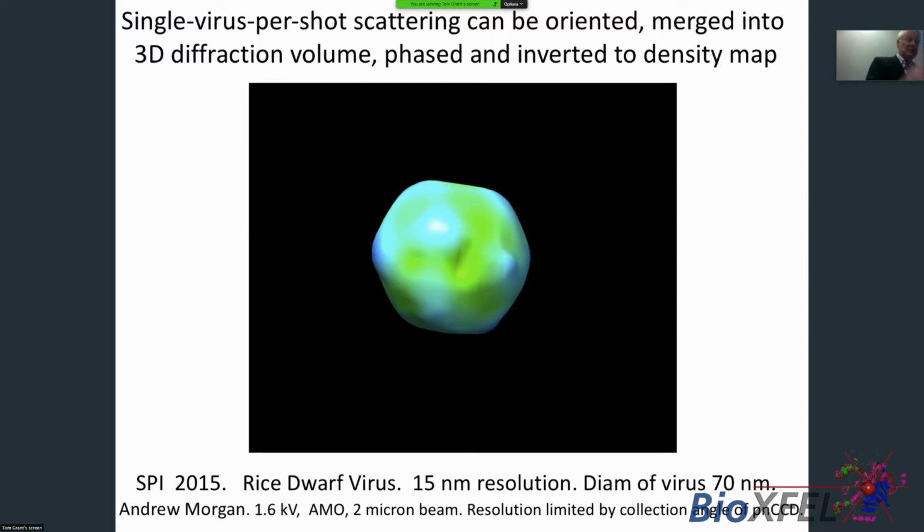And that was a good search over many groups around the world to find the best candidate test particle. It turned out to be this rice dwarf virus, where it just happens that the degree of dehydration is the same, so the particles look the same size, as judged by their X-ray diffraction pattern.